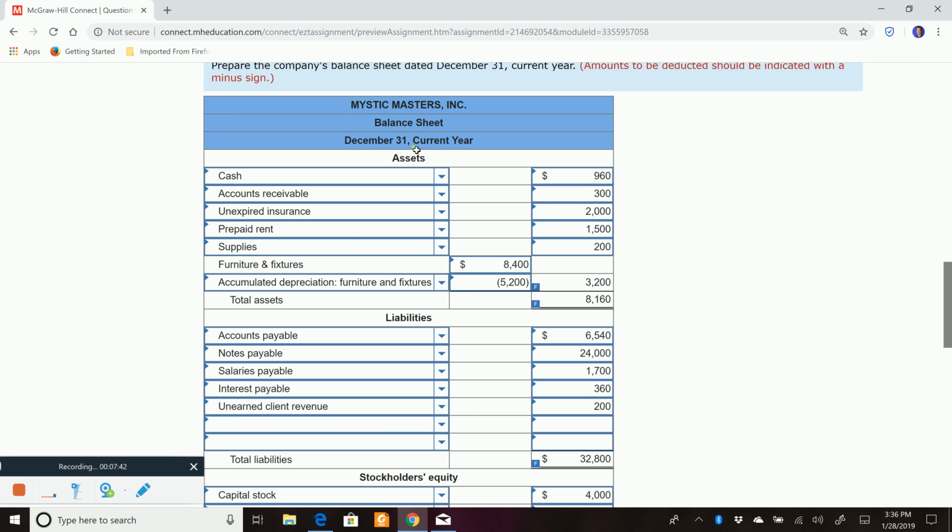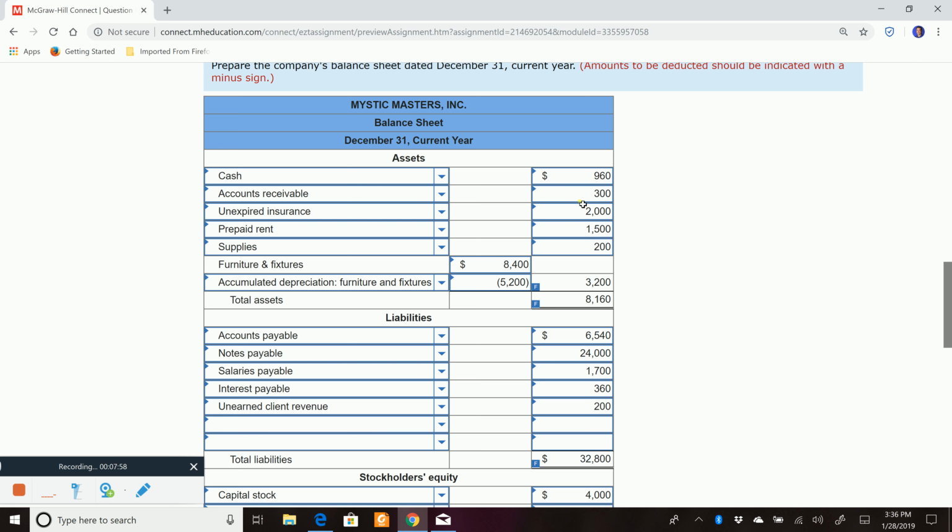And basically the balance sheet follows the accounting equation, which is assets equals liabilities plus equity. If we go back up to our adjusted trial balance, we will see these are all the running balances in our asset accounts.